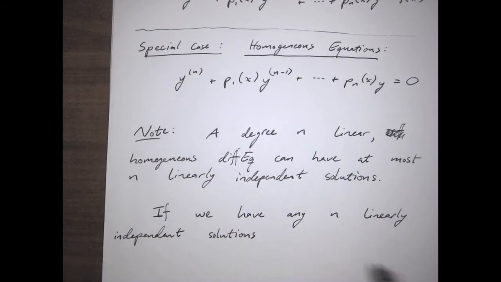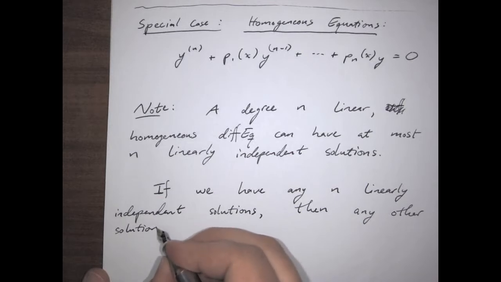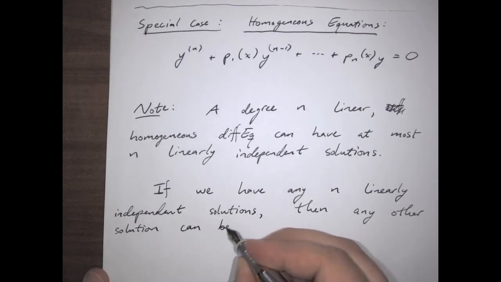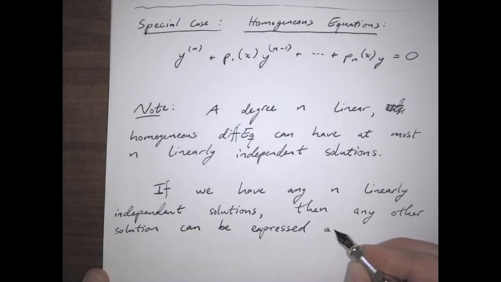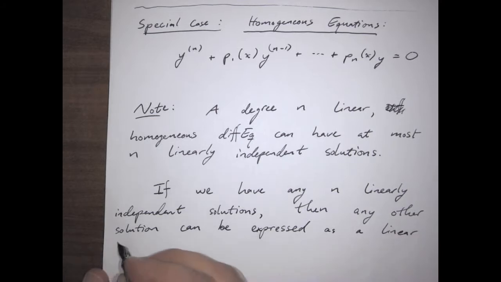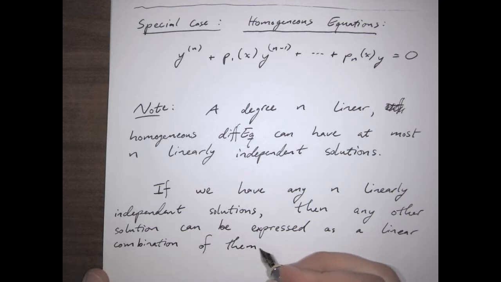So if we have n linearly independent solutions, then any other solution can be expressed as a linear combination of them.